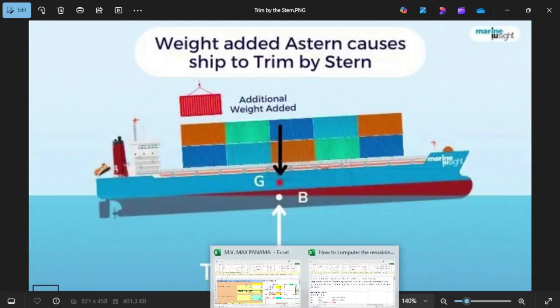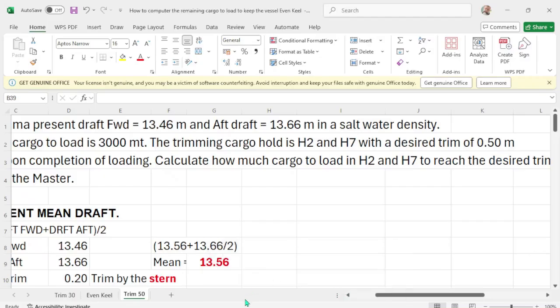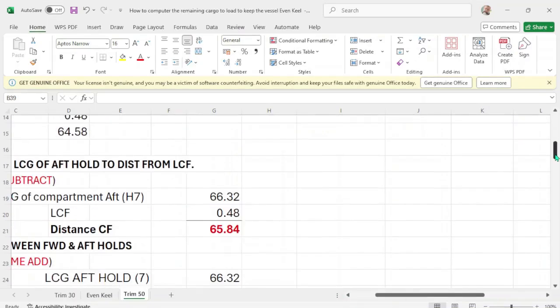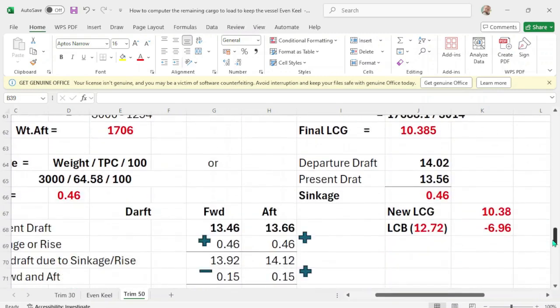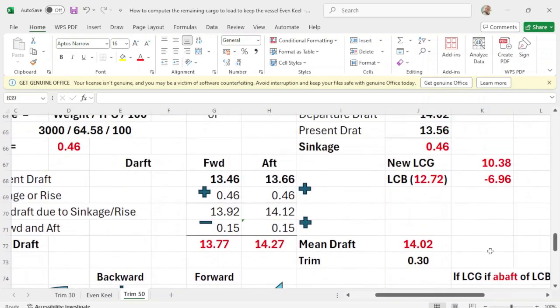So what you do, up is plus, and forward is minus, okay?